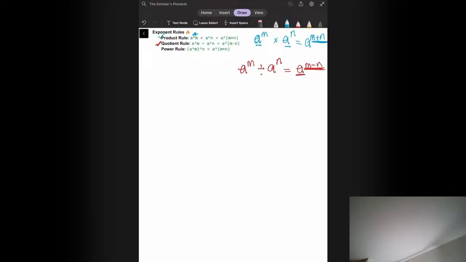And then you have the power rule. Finally, we have a raised to the power of m, in parentheses, remember, you group the expressions this way, all raised to the power of n. This can also be written as a raised to the power of m multiplied by n.